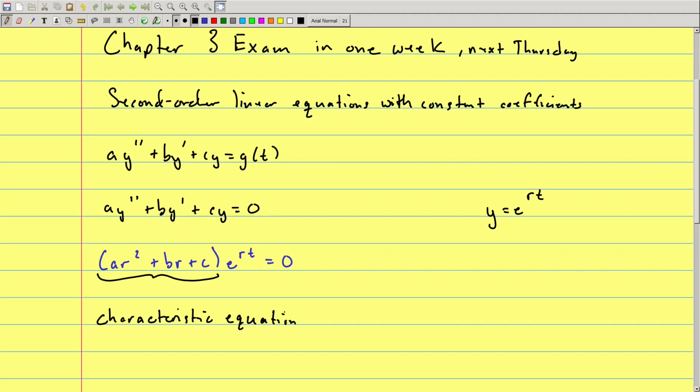The idea is that through some means, and we can always, at minimum, use the quadratic formula if necessary, we determine the roots of the characteristic equation, and these represent the values of r that give us the solutions to the homogeneous case.